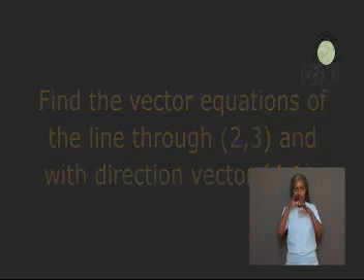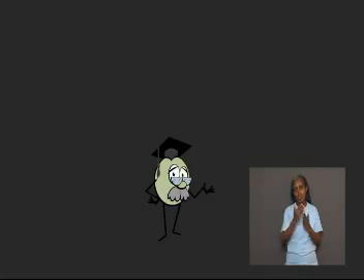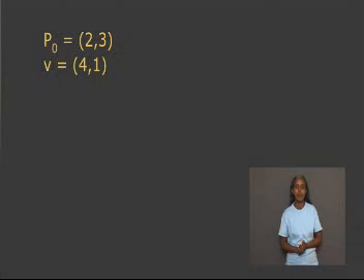Time's up. Let's get back to our lesson. Hello again, students. Let us see how you solved this problem. We can define P0 as 2, 3, and V as 4, 1.